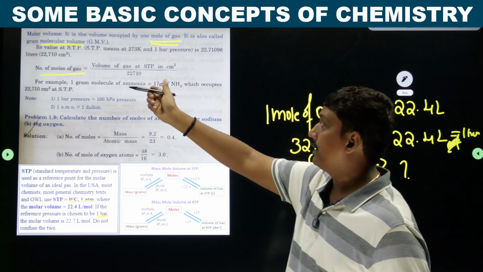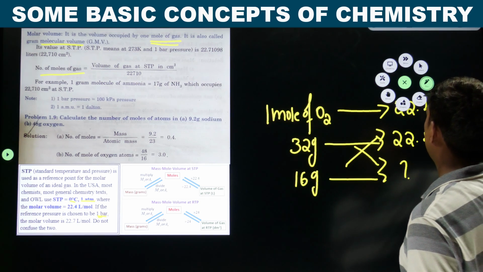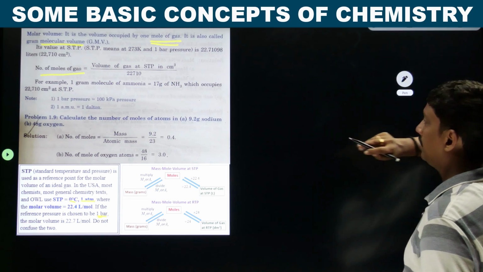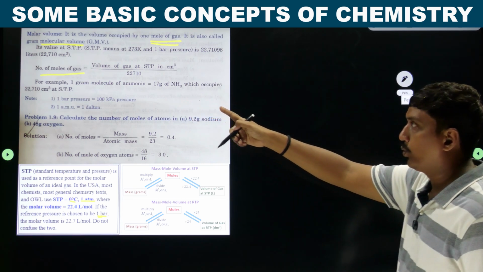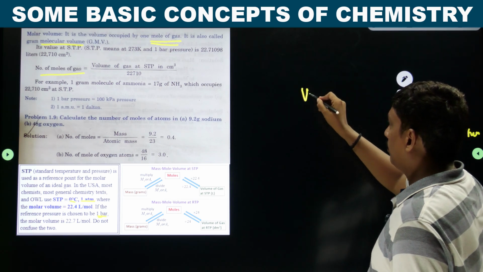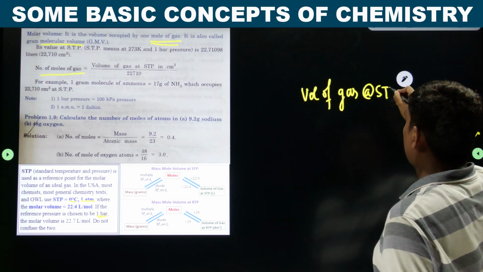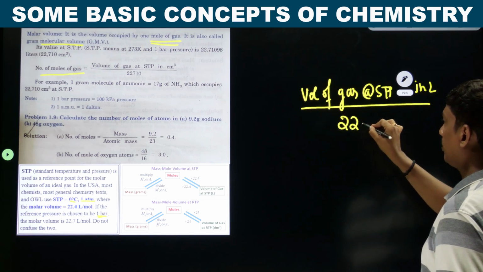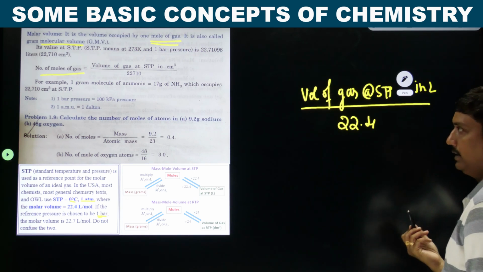If it is in liters, it can also be calculated: volume of gas at STP in liter divided by 22.4 or 22.7 liters.